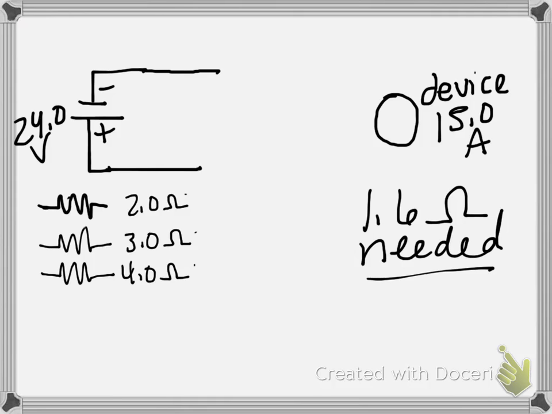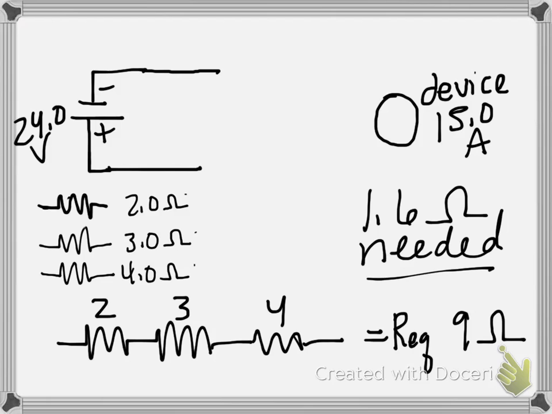It's important to note that if you're wiring resistors to get equivalent resistance and you can't land exactly on the 1.6 that's needed, you can have slightly higher resistance that will just deliver lower amperage to the device, less current. But if your resistance is too low, you'll deliver too much current to the device and it may blow up or burn out.